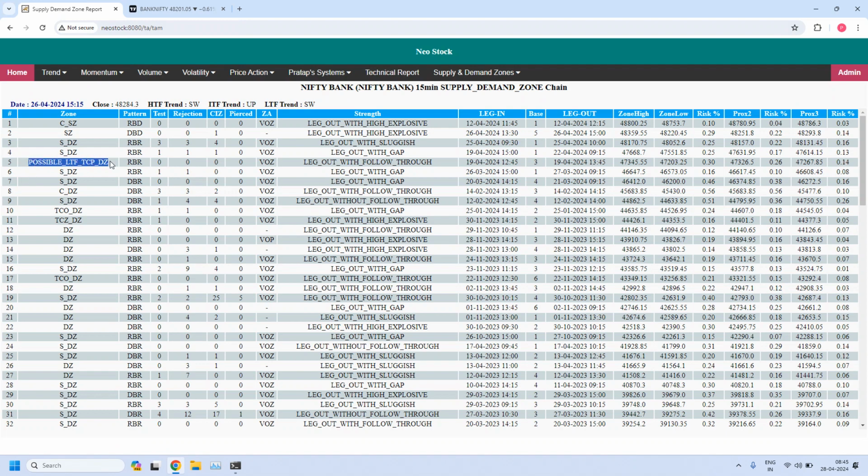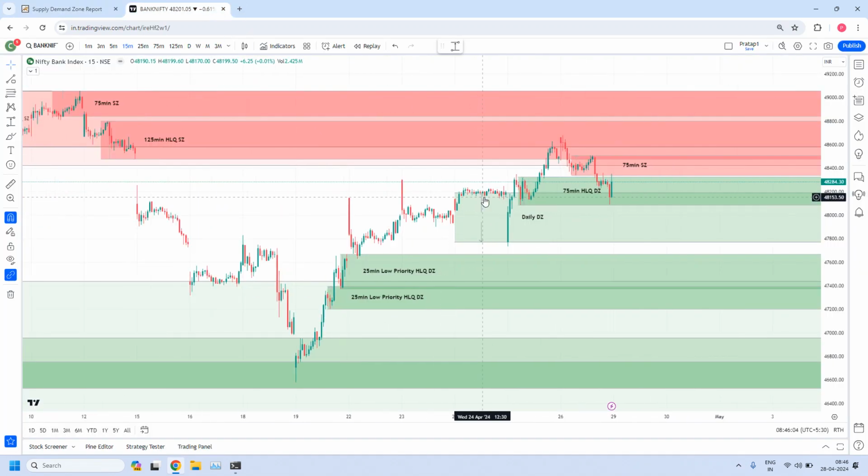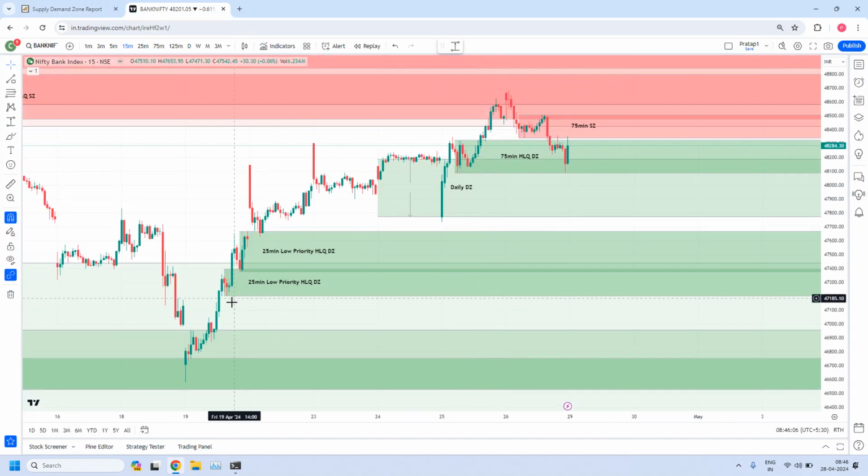See here also, excellent. 25 and 15 are working similarly. Which one? Let us look into this. This is 19.4, 12.45, 3 base candles.